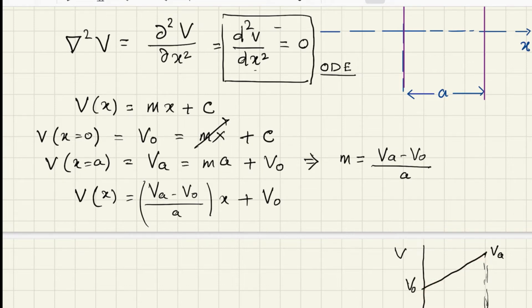Suppose I had, in addition, another place where the potential is V B. Let's say x equal to b, and this is x equal to a, this is 0.